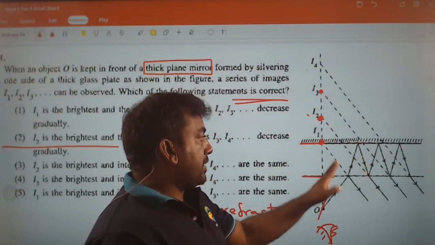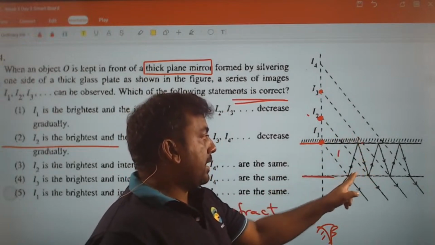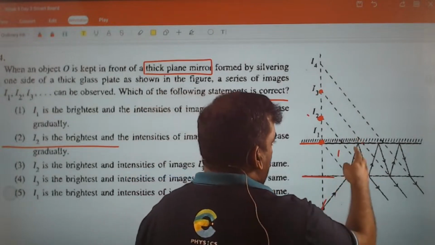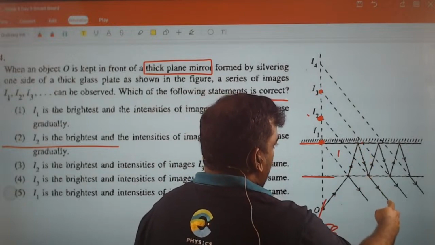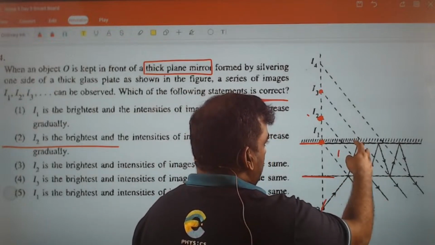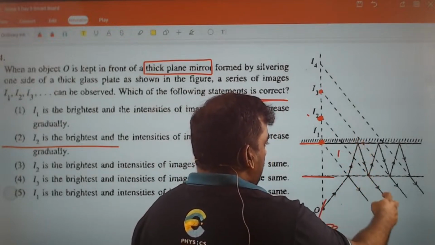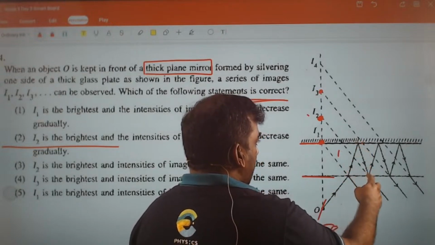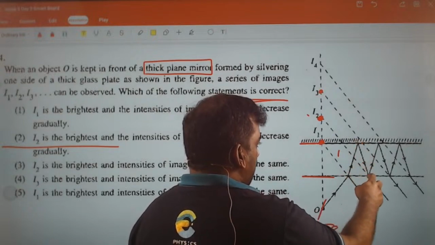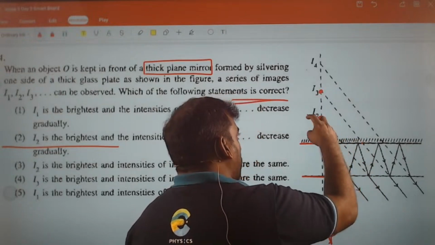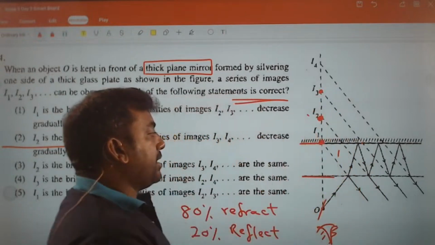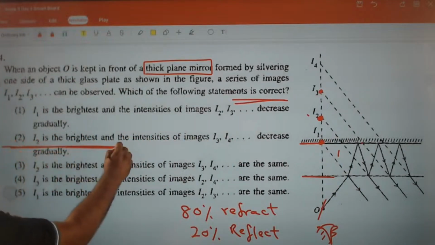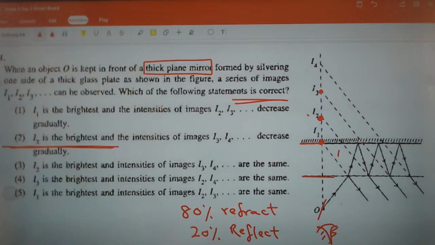Refraction 80%. First refraction is here. Some will refract. Here reflection: 80% there, out of that 20% is reflecting. Whatever is coming back, here only you will see the first image. I2 will be the brightest and then the intensity is reduced.